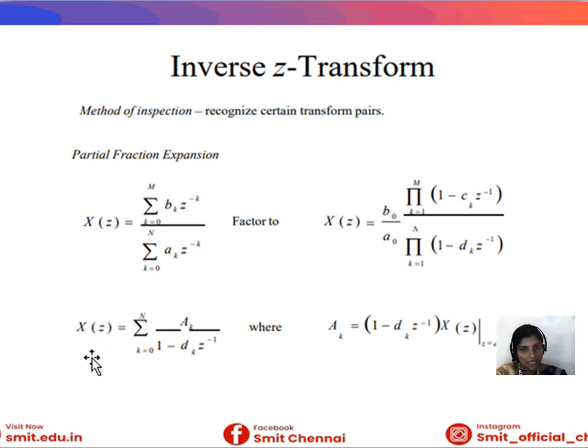Here we are having X of z equal to summation k equal to 1 to n A k over 1 minus d k z power minus 1. A k will be 1 minus d k z power minus 1 times X of z. This is the inverse z transform.